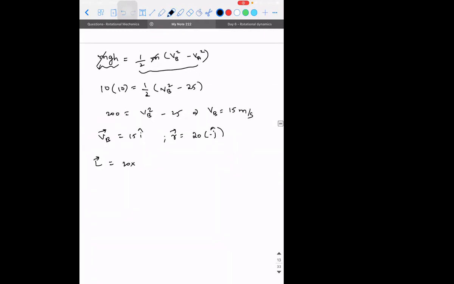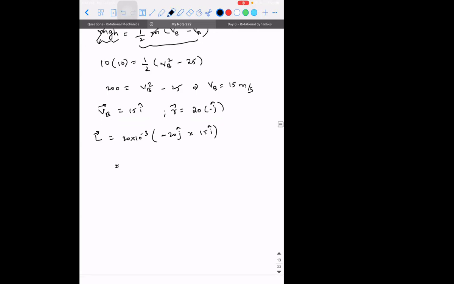So m, that is 20 into 10 power minus 3, into R vector, that is minus 20 j cap, cross 15 i cap. So 20 into 15, 300. 300 into 20, 6,000. 6,000 into 10 power minus 3 is 6 into minus j cap cross i cap.